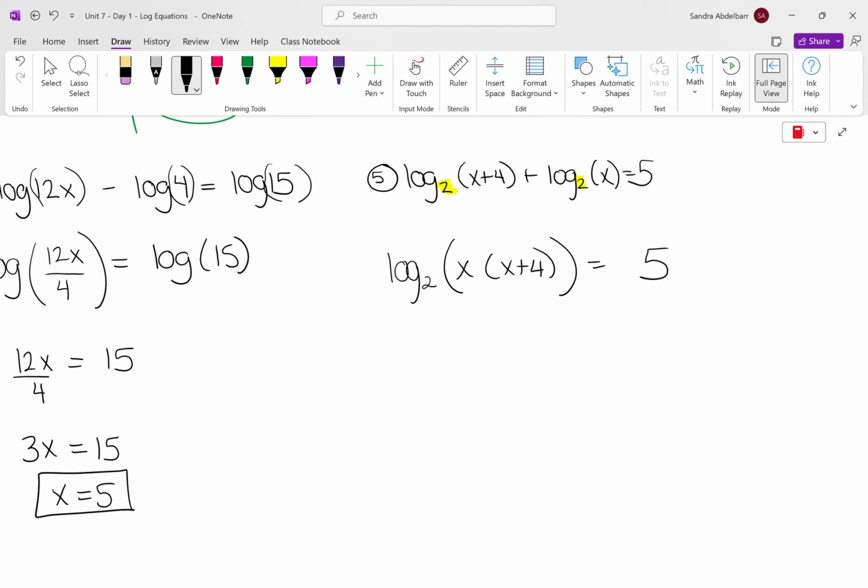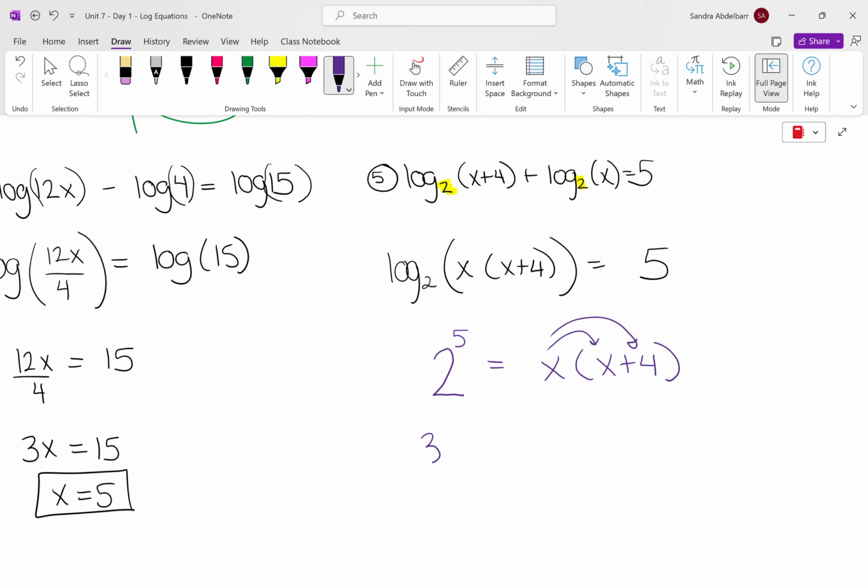So now that I have it down to 1 base, 1 log, 1 base, 1 argument equals a number, now I'm going to change it back into exponential. When I change it back into exponential, I'm going to have 2 to what power? The 5th power is equal to the argument, which is x times the quantity of x plus 4.